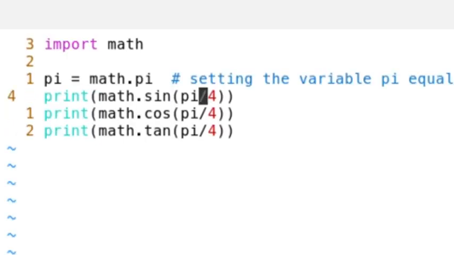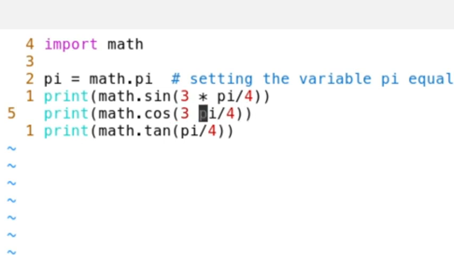If I wanted these to differ a little bit, I could move them to quadrant 2, so I can do 3 times pi fourths here, and that'll give me 3 pi fourths, which is 135 degrees, and that's in quadrant 2. Now in this particular case, the cosine value, the second value that's going to print out, is going to be negative because the cosine is equal to the adjacent side over the hypotenuse. The adjacent side in quadrant 2 is negative because the x values are negative.